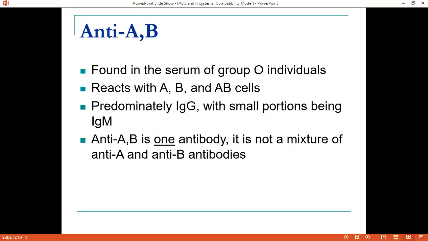It is not a mixture of anti-A and anti-B. It's actually a cross-reactive antibody that's capable of recognizing a particular antigenic determinant common to several molecules. So this distinguishing characteristic enables the antibody to agglutinate with A, B, and AB phenotype.